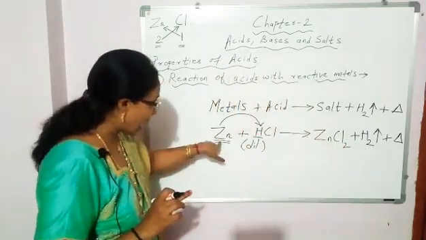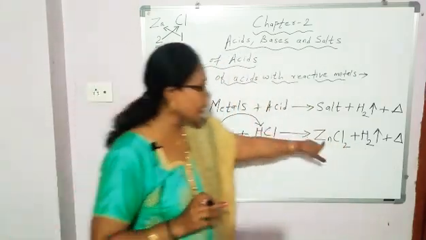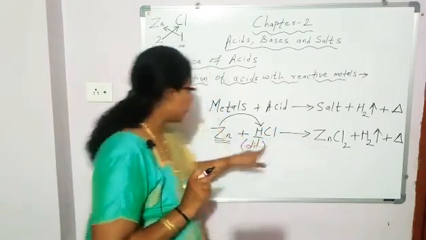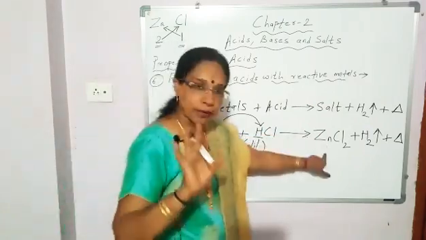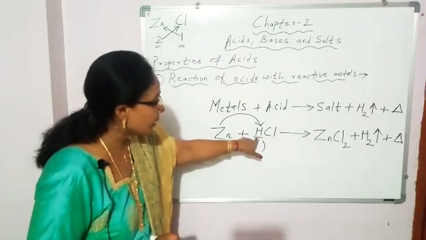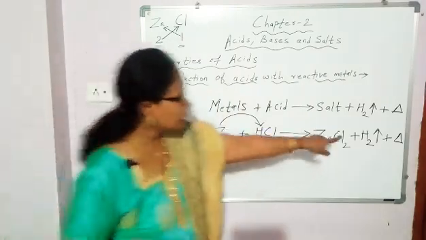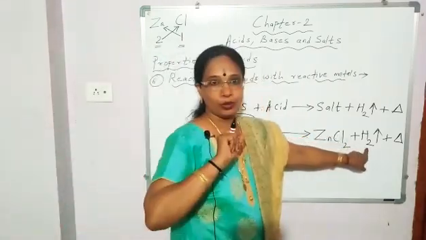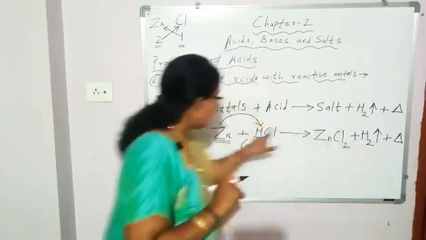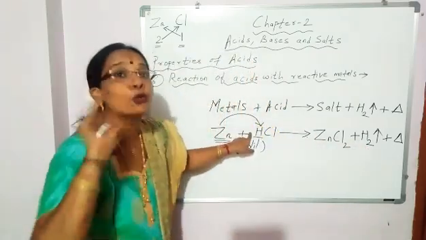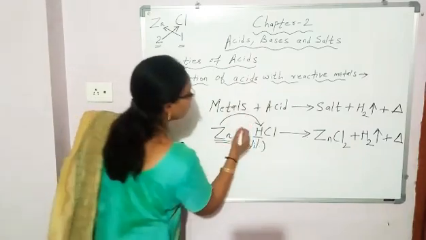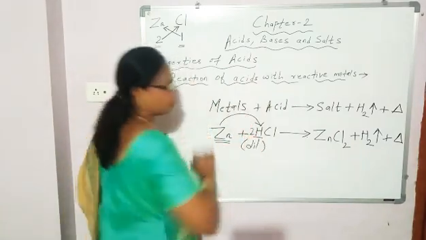So in reactant zinc metal is there, product also zinc metal is there. How many? 1. Now hydrogen in reactant 1, in product side 2. So you have to balance it. In reactant also you have to make it 2. So in front of the formula you will add 2.